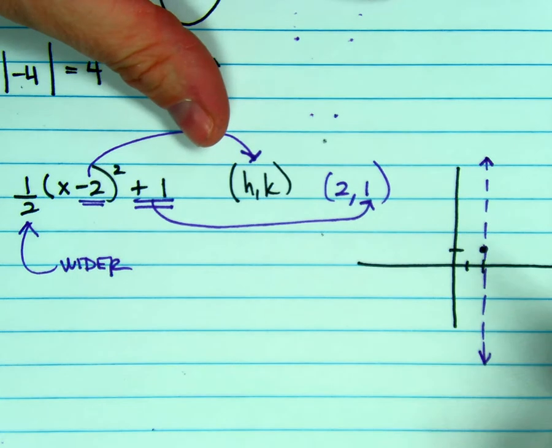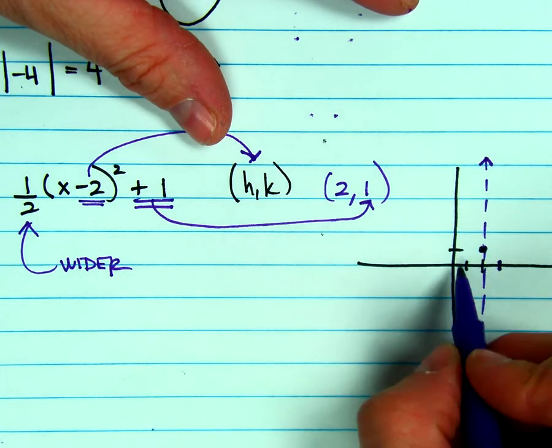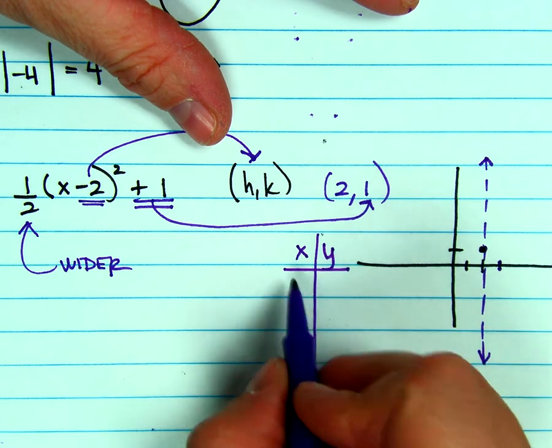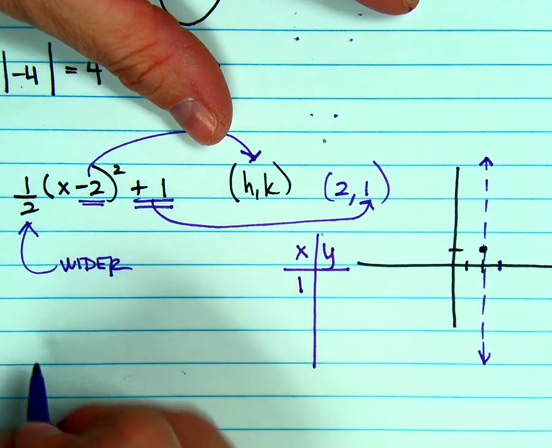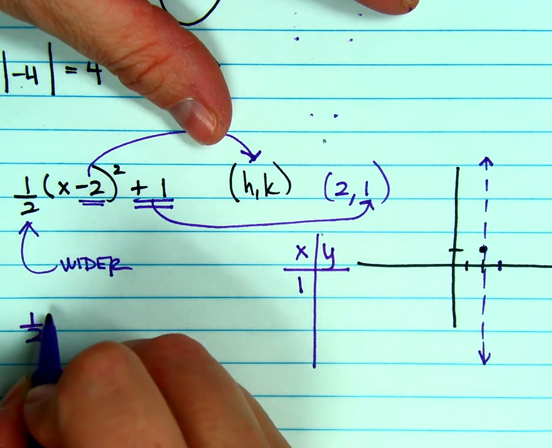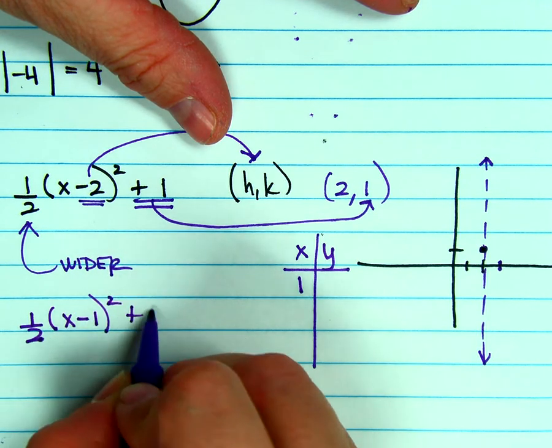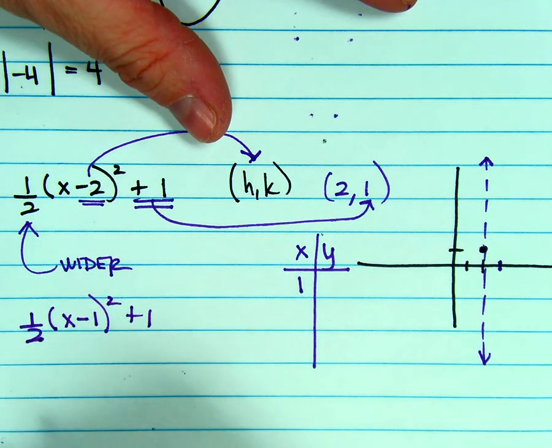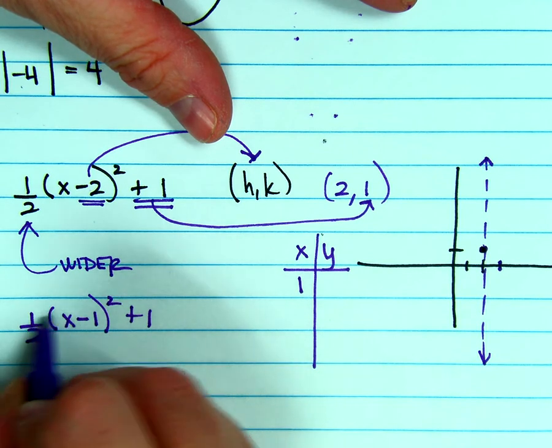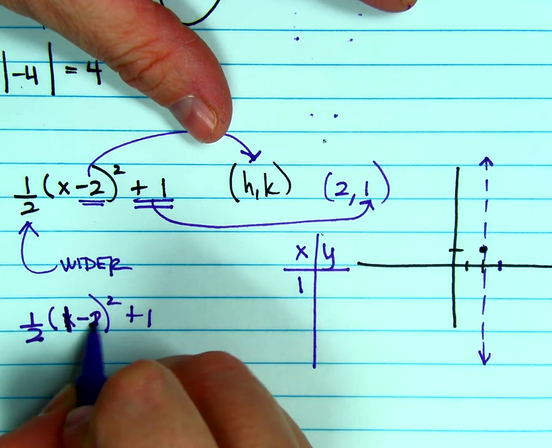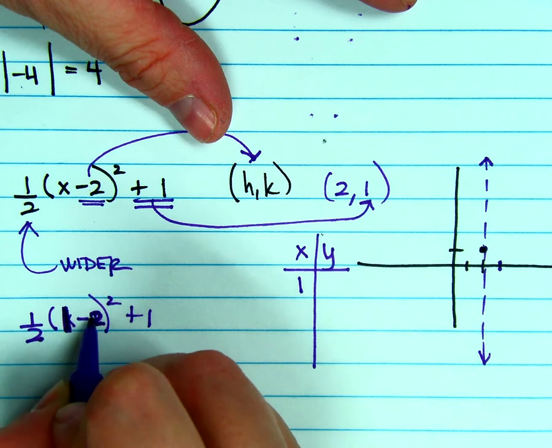And I'm going to plug in values. I'm much better at plugging in a 1. If I put a 1 in here, I get 1/2 times x minus 1 squared plus 1. Oops, major mistake. Ignore that. X should be a 1. Negative 2 is part of the problem. Sorry.